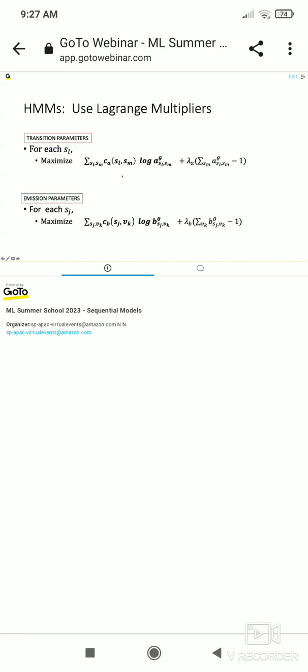These are solved using Lagrange multipliers. Using the Lagrange multipliers, we introduce the Lagrange variable and try to maximize this objective function for transition parameters, and the corresponding expression for the emission parameters is this one. The parameters of the A's and B's can be obtained by differentiating and equating these objective functions to zero.